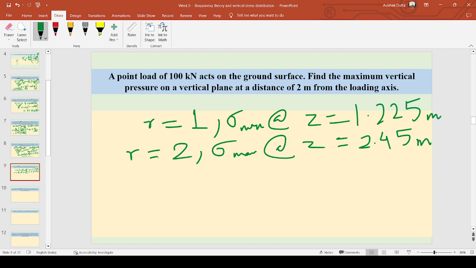Now, to find out the value of sigma, there is a maximum vertical stress or pressure at this depth.